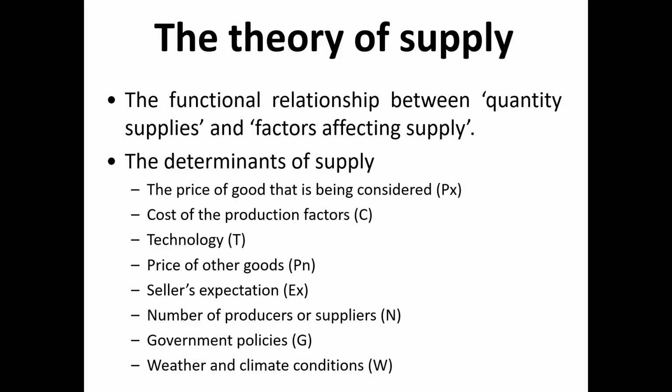If you want to produce a commodity, definitely we need laborers, and we need to pay for that. We need machineries, capital, so we have to consider the cost of capital. Then technology.